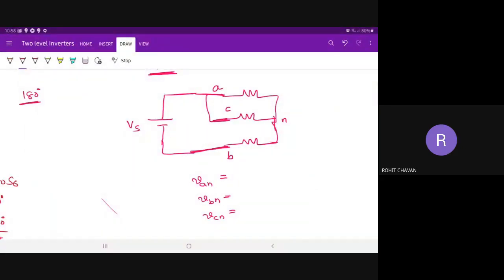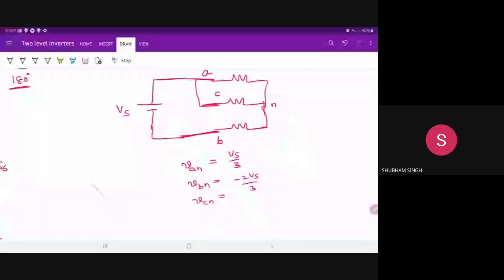If you apply simple KVL and KCL, you can get Vs by 3. What is VBN? Minus 2 Vs by 3. And what is VCN? Vs by 3.